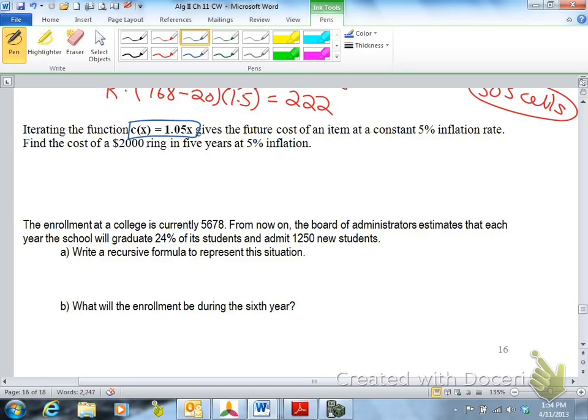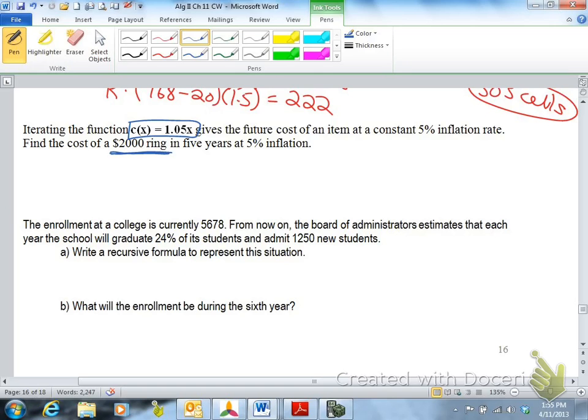If you have Babe Ruth's baseball card from his rookie year, now, many years later, it's worth a lot more. Other things decrease in price, like cars decrease in value, unless you upgrade them and put rims on your car like mine. Find the cost of a $2,000 ring in 5 years.